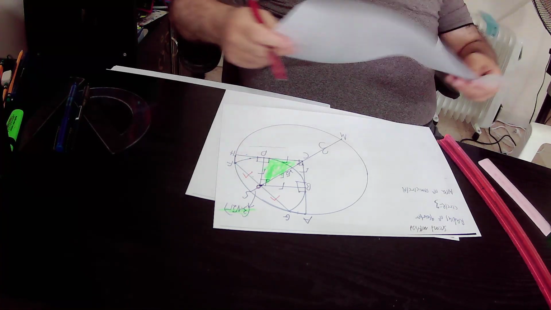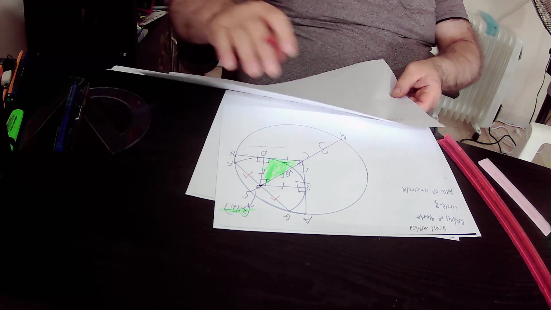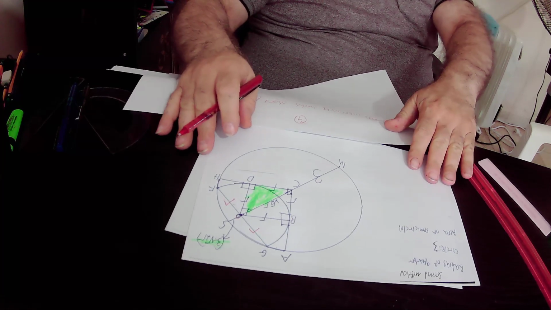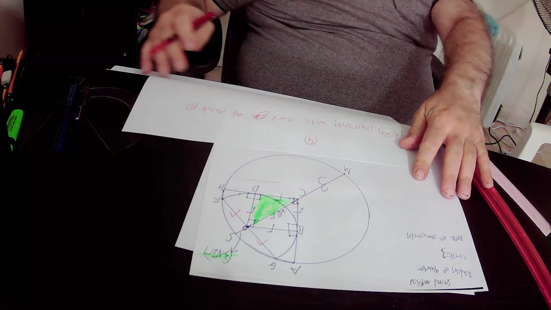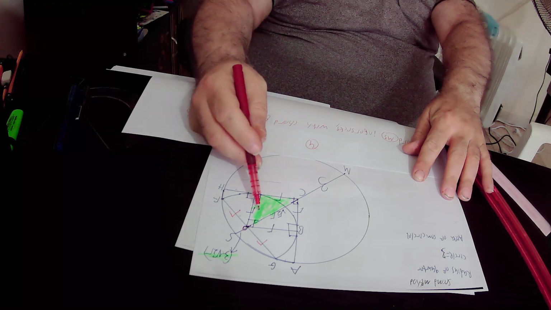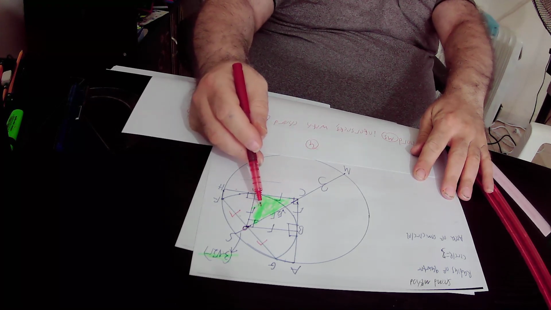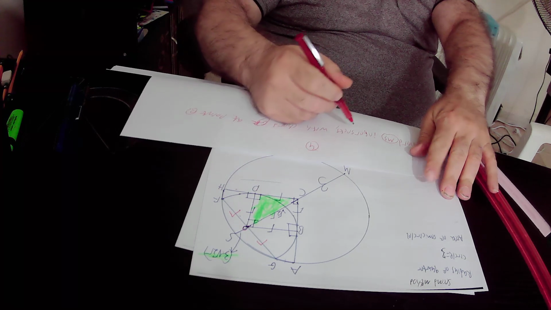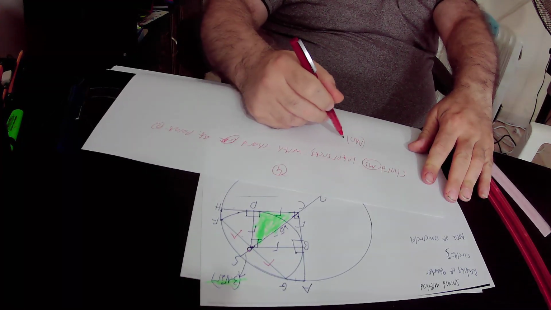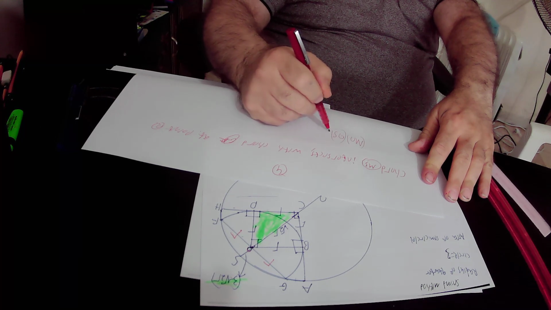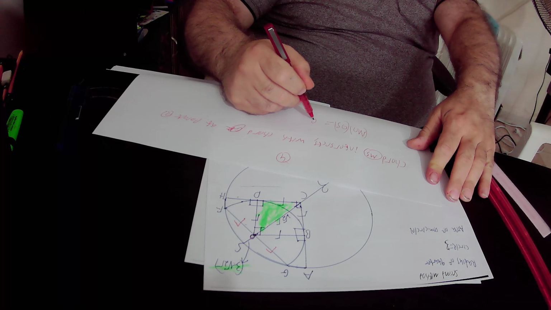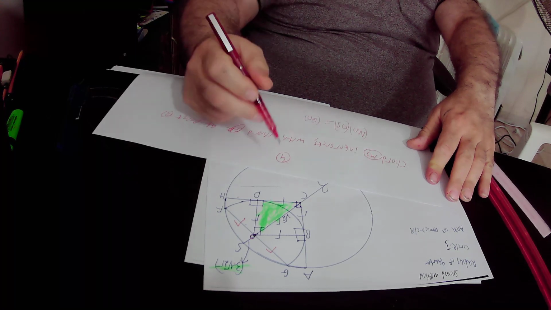So here we will implement rule number 3 in our drawing. According to rule number 3, we will get that MO times OS must be equal to GO times OF.